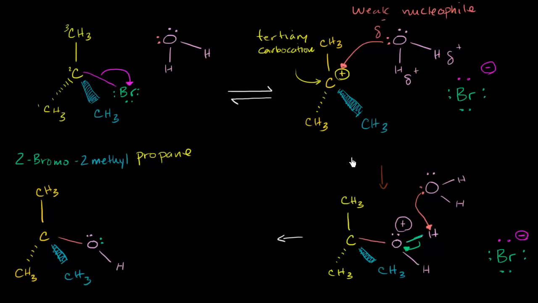Let me draw that. So this water, so let me see. That's the two hydrogens right over there. This is that pair that is on top. And now it is sharing this pair with a hydrogen, essentially with a proton. So with this hydrogen right over here, and now this will have a positive charge.